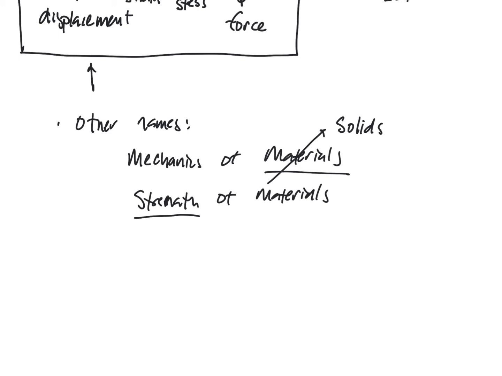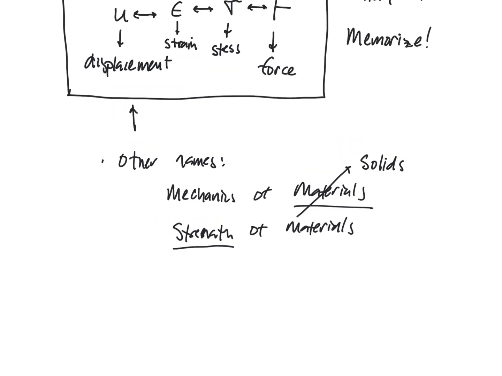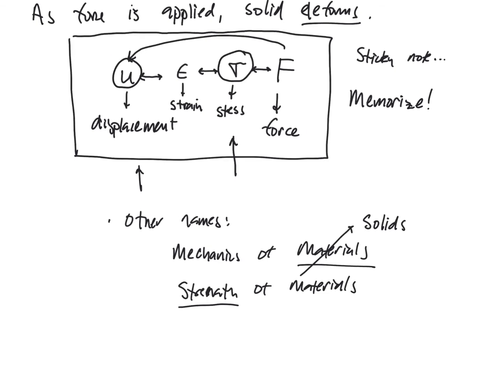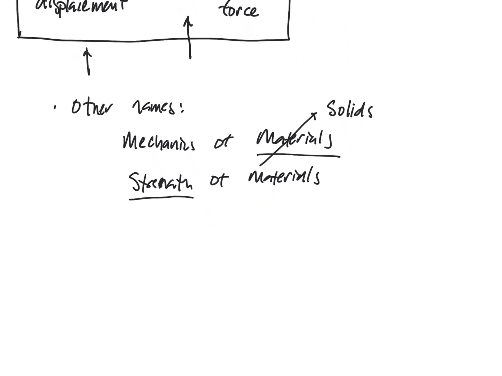So when we say strength of materials, it's kind of limiting, because when we say mechanics, it means that there's a response to force, and in mechanics we are really interested in these two things. We want to know that, and we want to know this, for reasons that we'll be explaining shortly. When we say strength of materials, it was really only focused on stress. So strength of materials, in my opinion, is not a great title either.